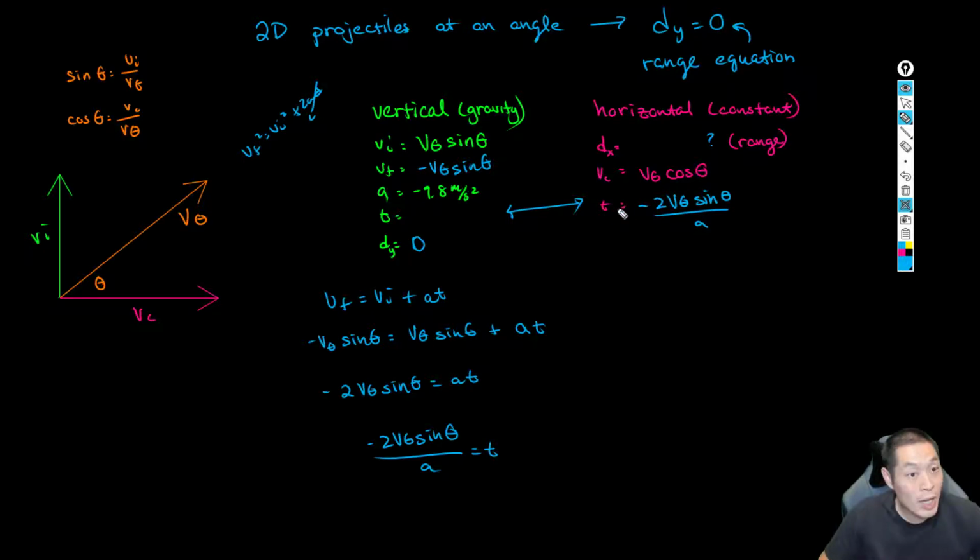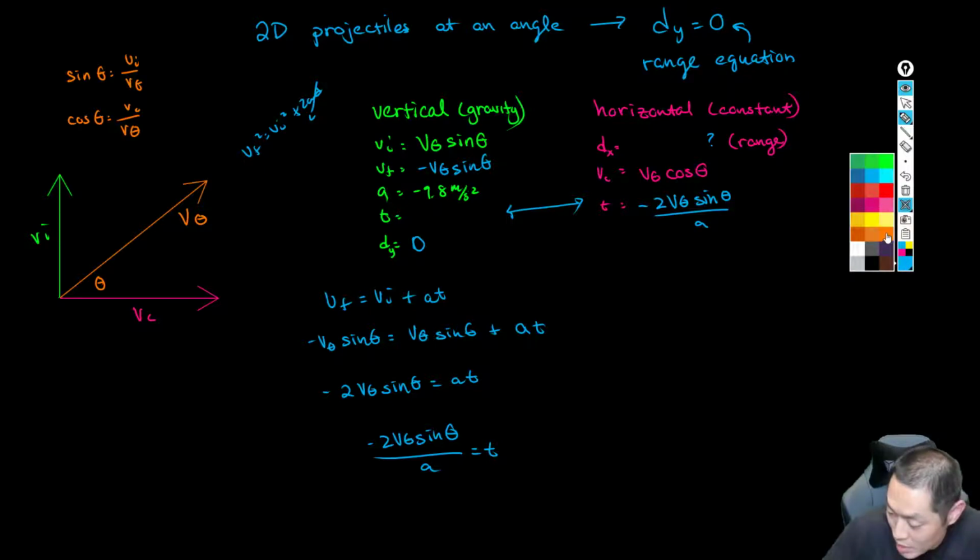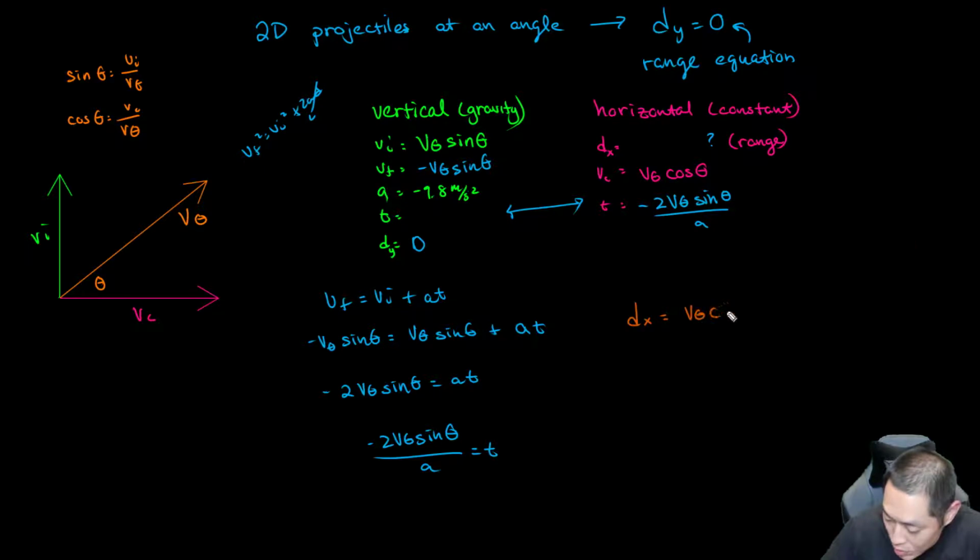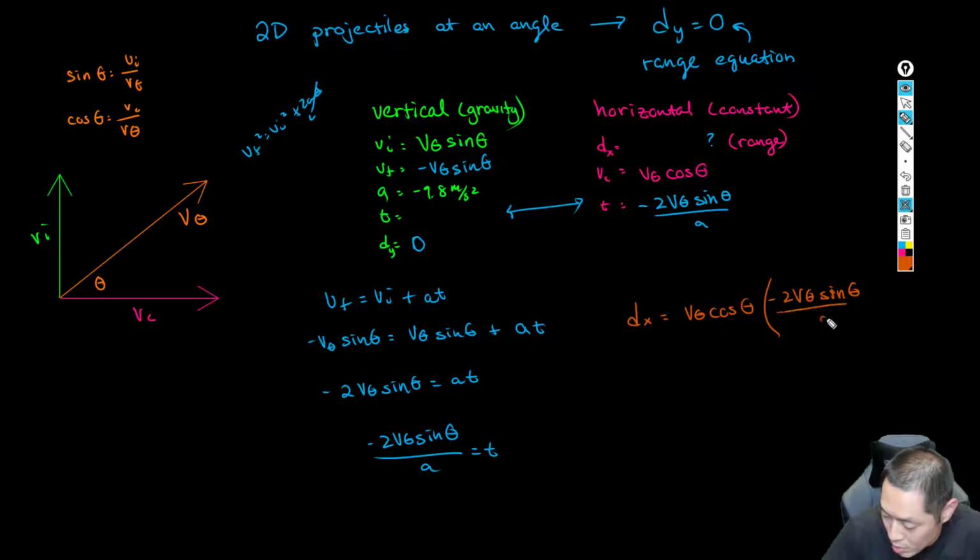And now we have our range equation. Choose a different color so it stands out a little bit better. So dx, or our range, is equal to, these two multiply each other, v theta cosine theta times negative 2 v theta sine theta over a.